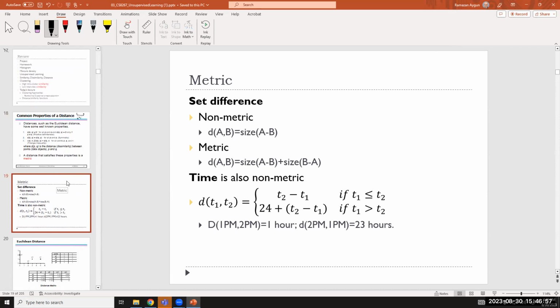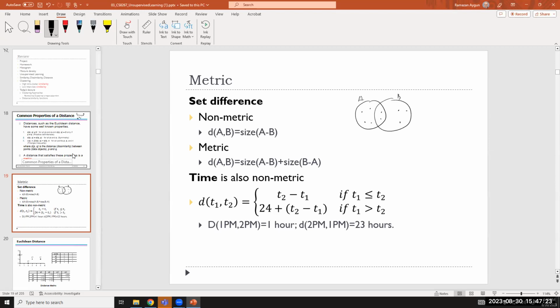Set difference. Let's think about it. We want to find the distance from A to B, so it's a set difference. What we mean is that we have A and B. If you have something like this, it's not symmetric.